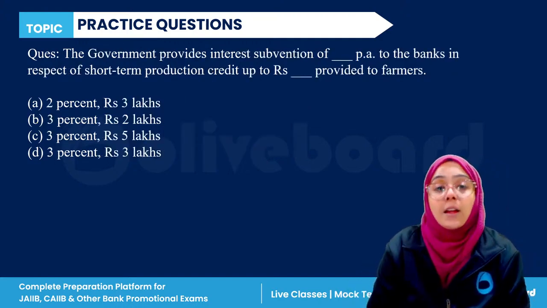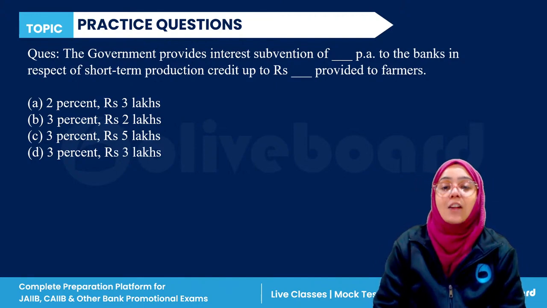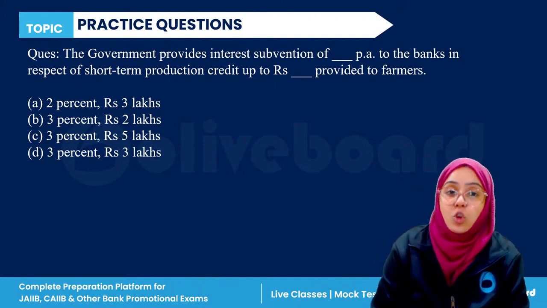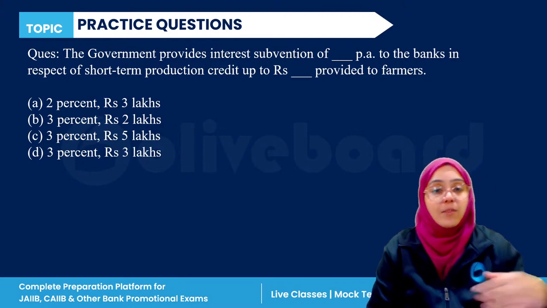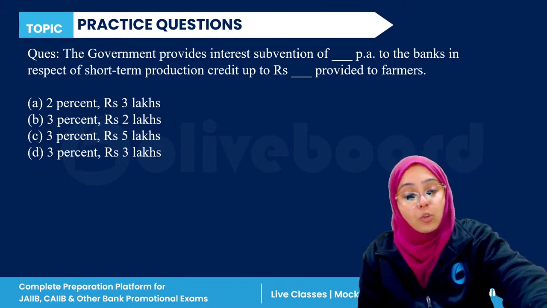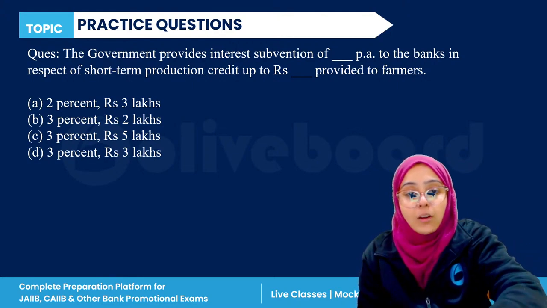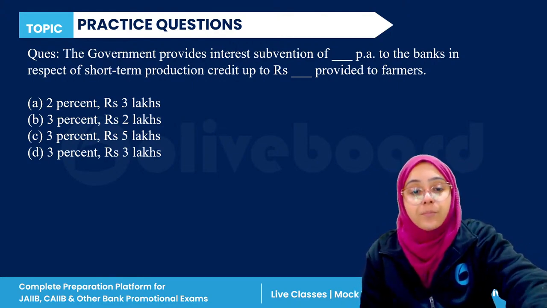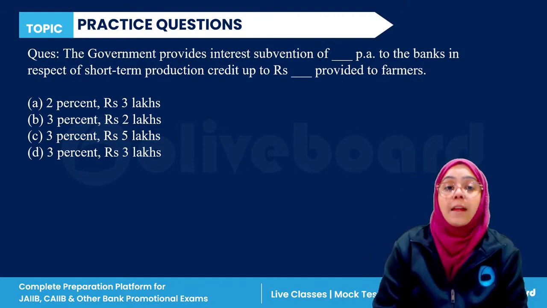Next question. The government provides interest subvention of dash per annum to the bank in respect of short-term production credit up to dash provided to the farmer. Very easy. These types of questions are important because they are fact-based questions. You just have to learn the facts, everyone.